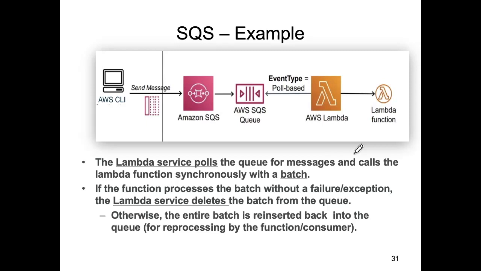It's going to leave them there, which means that the Lambda service will get the same batch of messages a second time and pass them on to your Lambda function a second time for processing. So, you know, we have to deal with that scenario, but that's how it would actually work in reality. And this goes back to this idempotency idea. So it's possible that your Lambda function could receive the same messages more than once for processing.